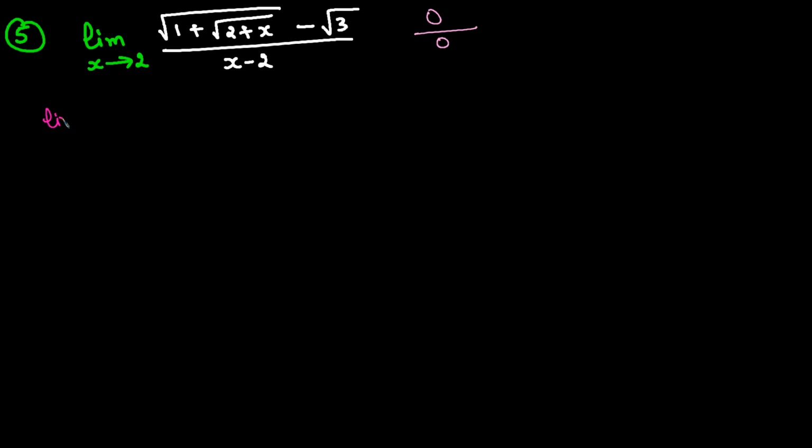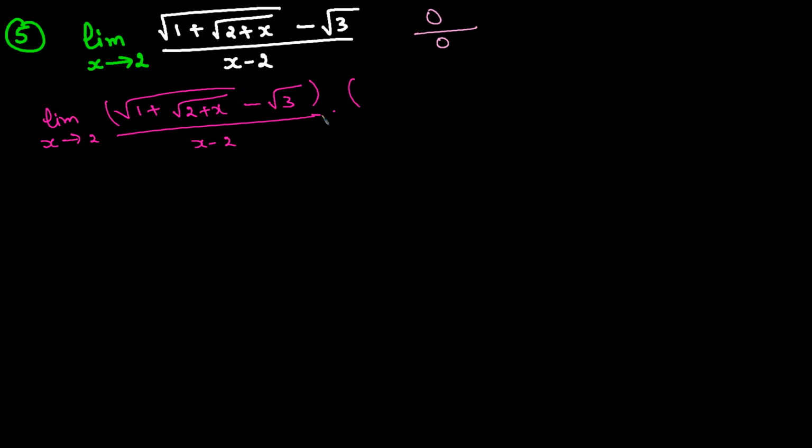So we got the limit as x approaches 2 of 1 plus square root of 2 plus x minus square root of 3 over x minus 2. So we're going to multiply it by, let's put parentheses there, square root of 1 plus square root of 2 plus x plus square root of 3.